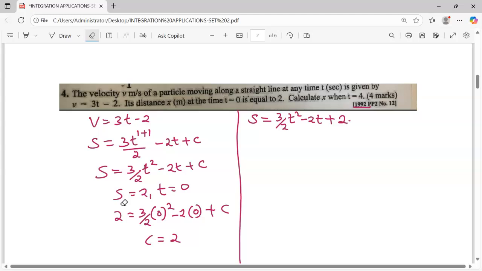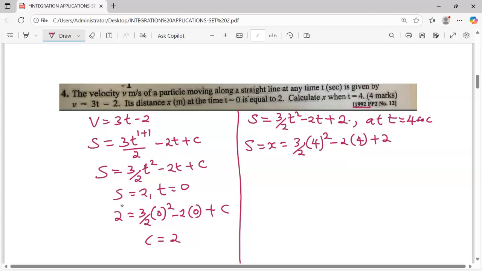Remember, the distance is the same as displacement, and in this case displacement is equal to x. We have been told at t equals 4 seconds, then our x is going to be 3 over 2 multiplied by t, which is 4 squared, minus 2 into t, which is 4, plus, of course, 2.